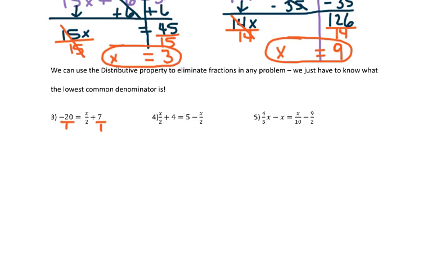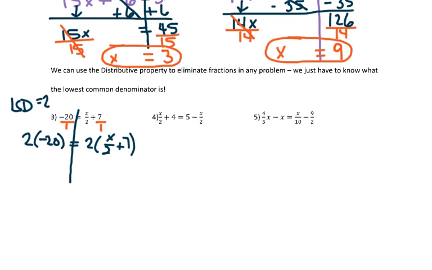Let's write that off to the side. The LCD is 2. So what I need to do is multiply everything, both sides, by 2. I'm going to multiply 2 times -20. And on this side, I'm going to multiply 2 times the whole side, x over 2 plus 7.